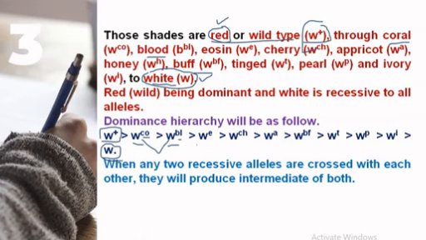Suppose you cross eosine and pearl, they again give an intermediate of both. So all these intermediates have been formed by crossing different types of recessive alleles.